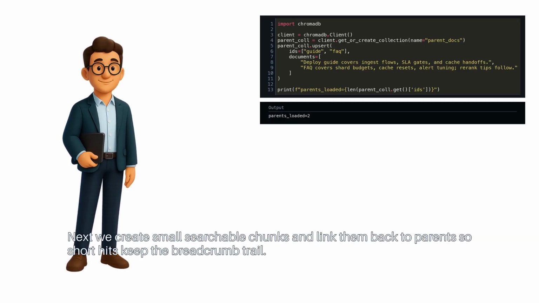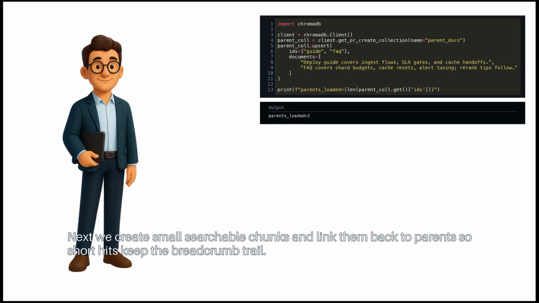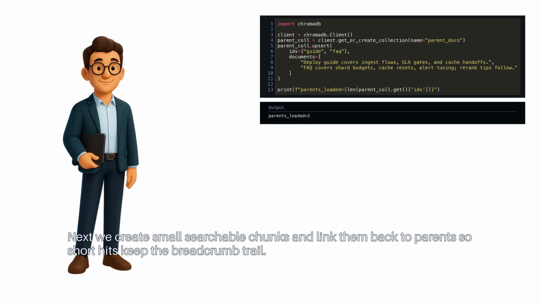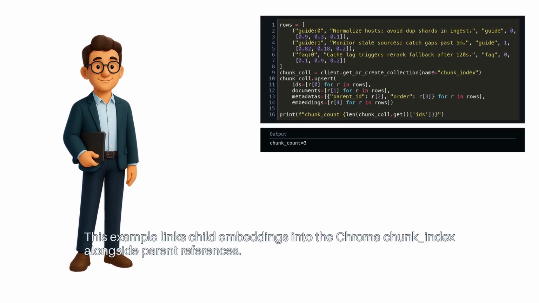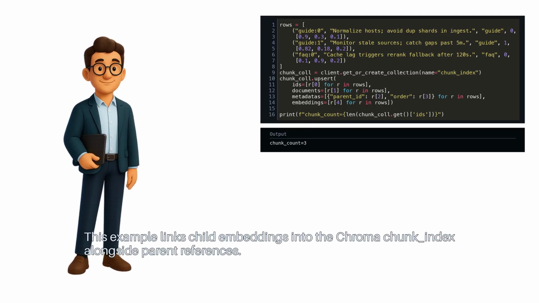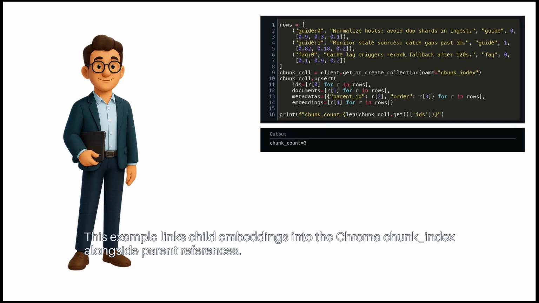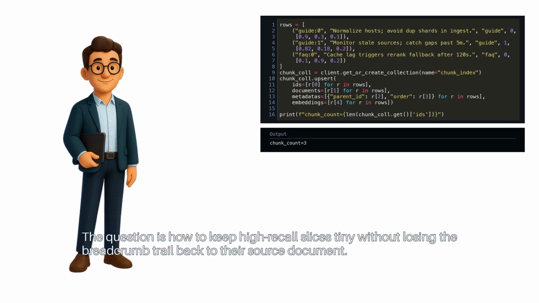Next, we create small searchable chunks and link them back to parents so short hits keep the breadcrumb trail. This example loads child embeddings into the Chroma chunk index alongside parent references. The question is how to keep high recall slices tiny without losing the breadcrumb trail back to their source document.